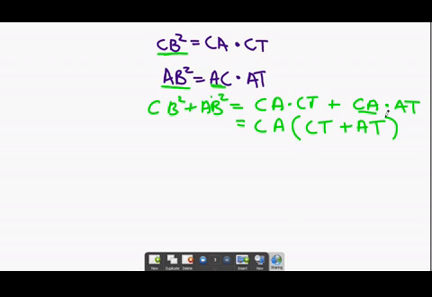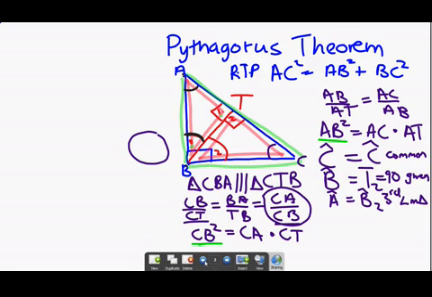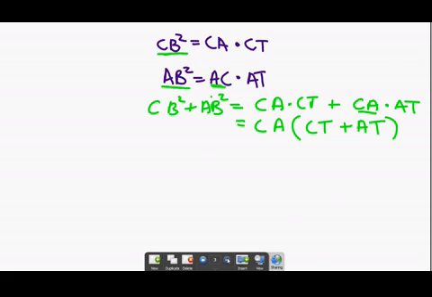Now, if I go back to our triangle, you will notice that AT plus TC, or CT plus TA, is going to give us AC. So CT plus AT is the same as CA or AC.